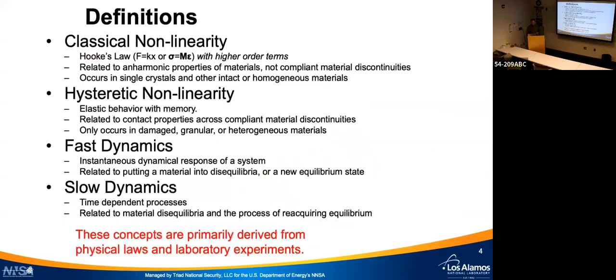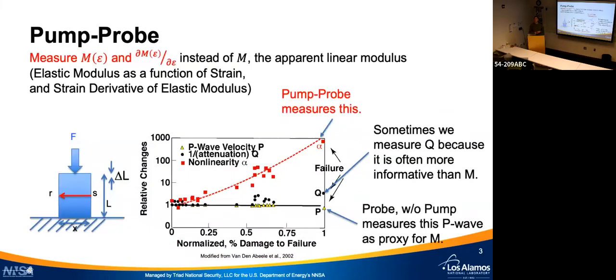Can I ask a question? Yep. Sorry, I came in late, so you may have said this, but why are you looking at the modulus with strain as opposed to with stress? Well, one thing is you can measure strain a lot easier than you can measure stress, and they're related to each other just through the modulus.